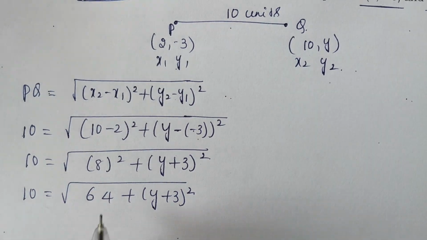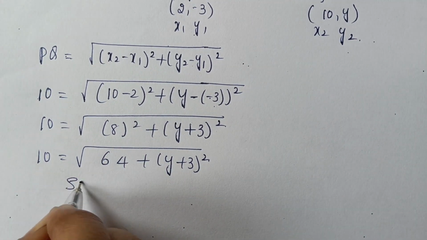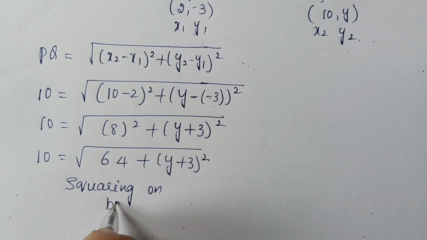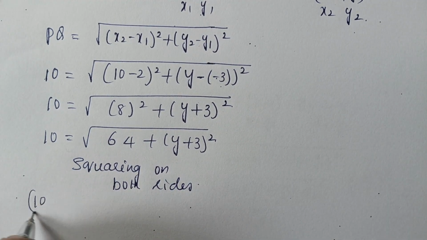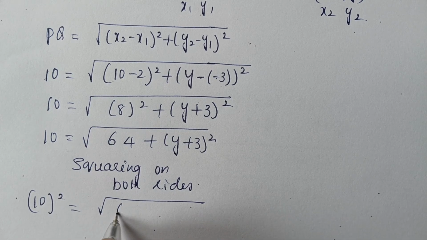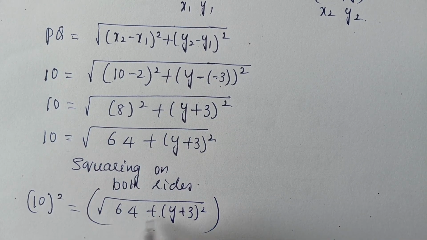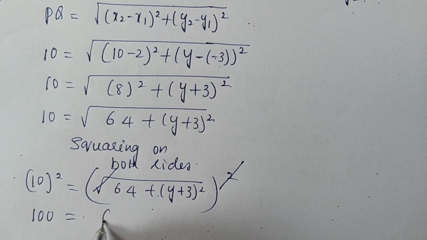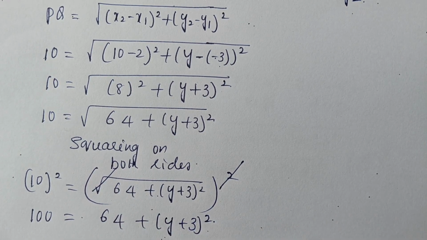Now I don't want this square root, so we can square again. Squaring on both sides, 10 square is equal to 64 plus y plus 3 whole square. The square root cancels, 10 square is 100.